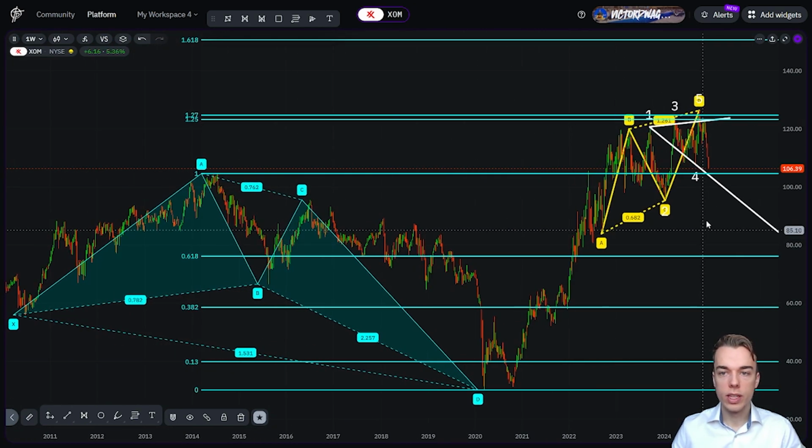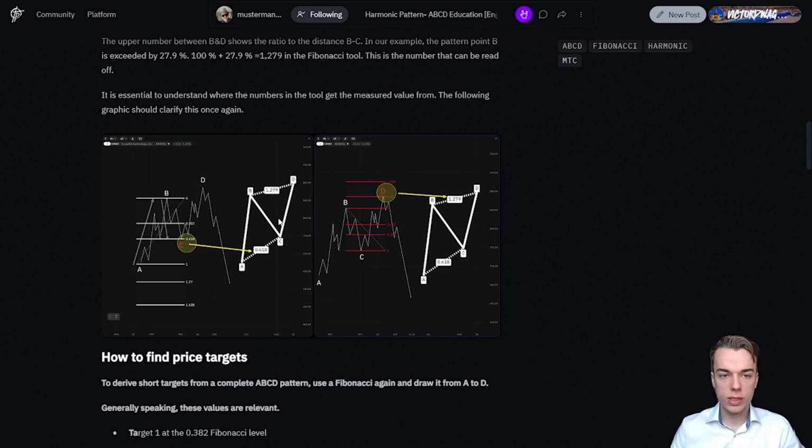Here you can see we have a nice cluster zone of the 127 rebound again, and the pattern point D, which aligns perfectly with this intra ABCD and also the wolf line. And if you're wondering what these numbers are, that's really simple.